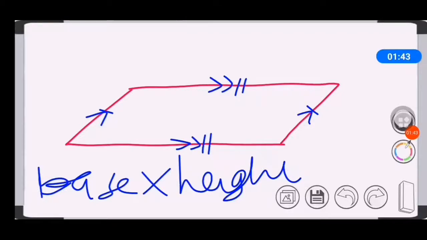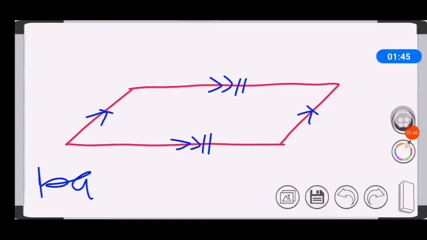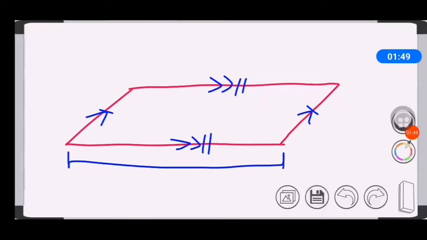We're going to look for the base, which is that side, and that is equal to that side. I'm emphasizing on the height: we don't use the slanted height or the lateral side. We use the vertical height always, the one that is right here.